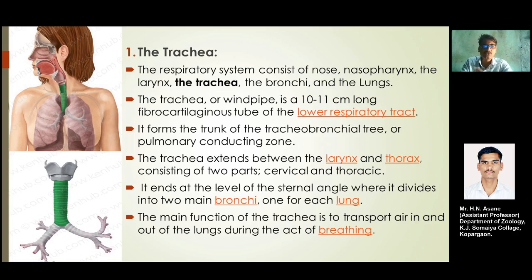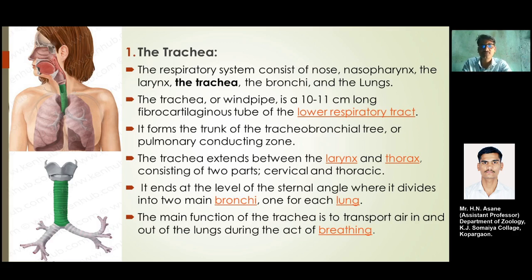So this trachea ends at the level of the sternal angle, where it divides into two main bronchi, or bronchus, where its path is divided in two directions towards the two lungs, one bronchus for each lung.